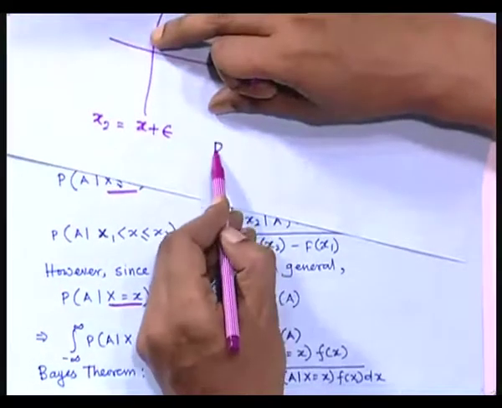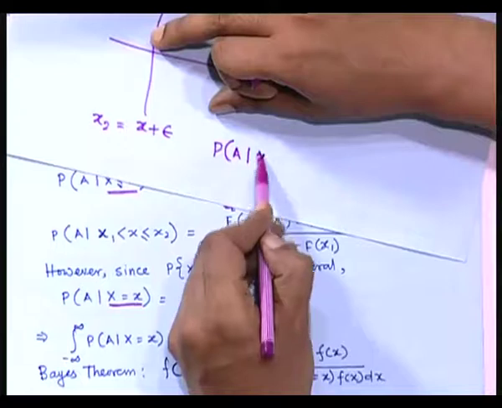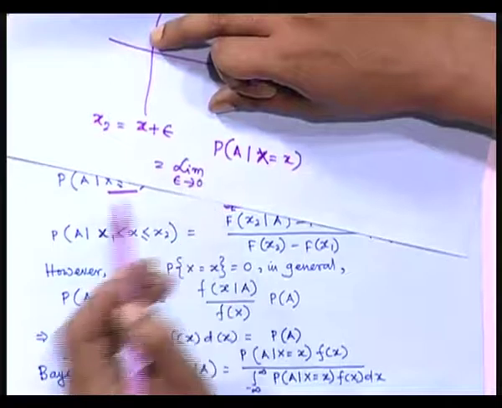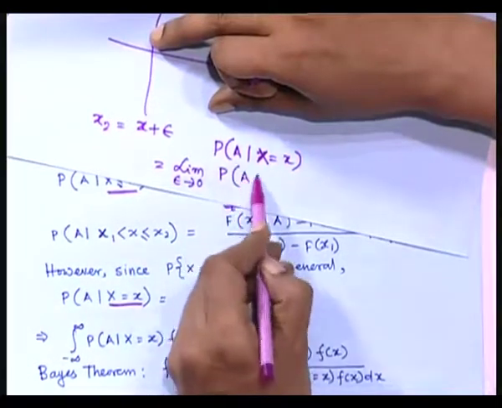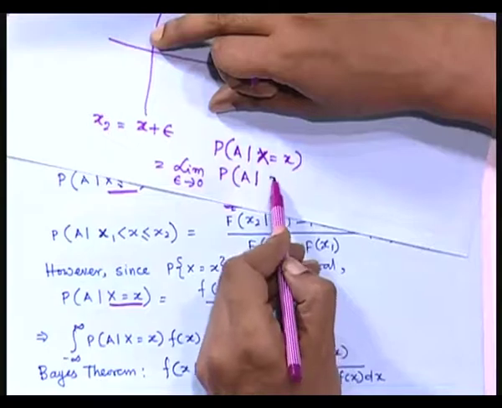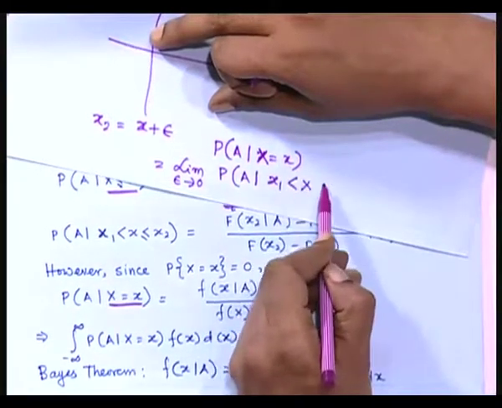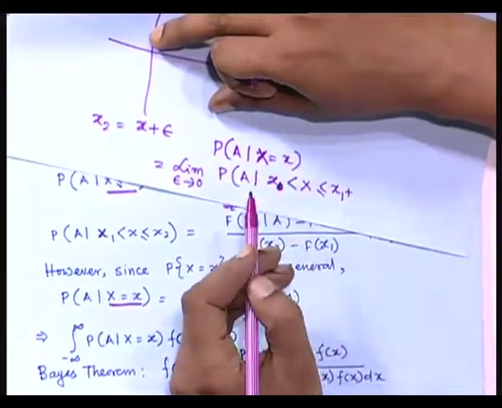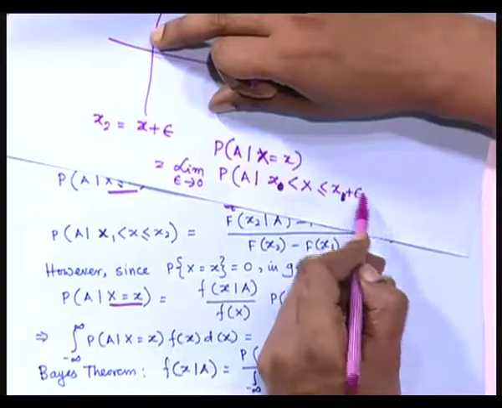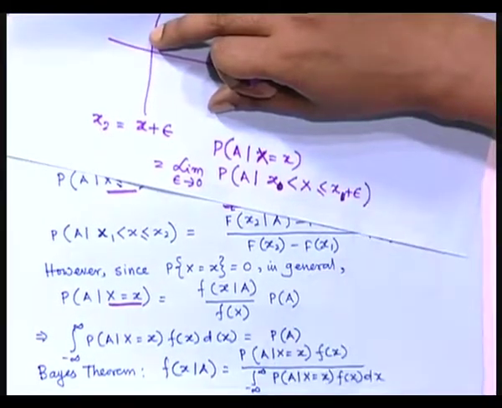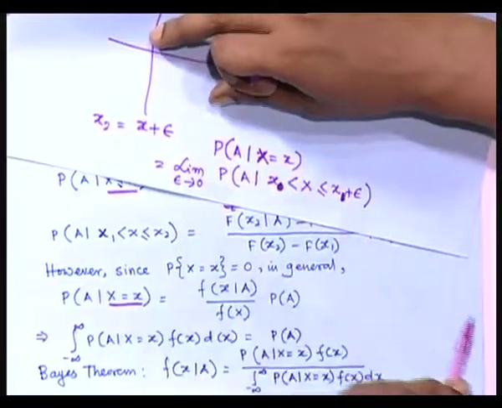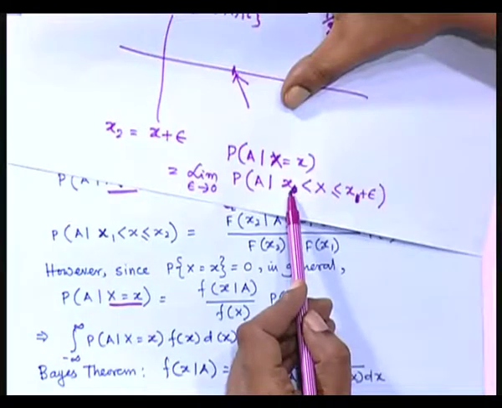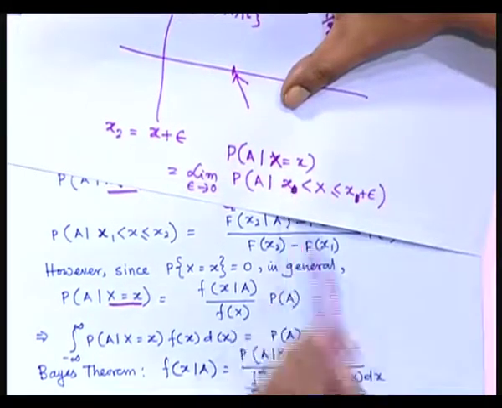So probability of A given x equal to x can be written as the limit of epsilon tending to 0 of probability of A given x is less than or equal to x plus epsilon, and greater than x.